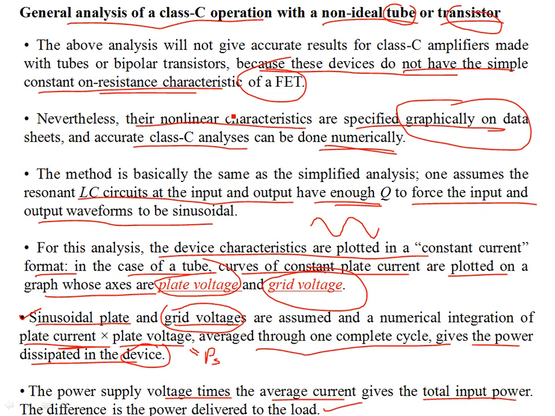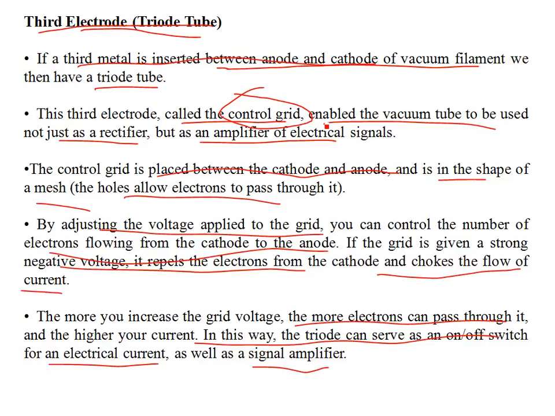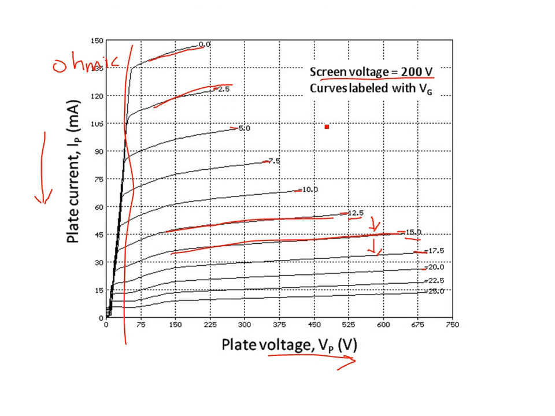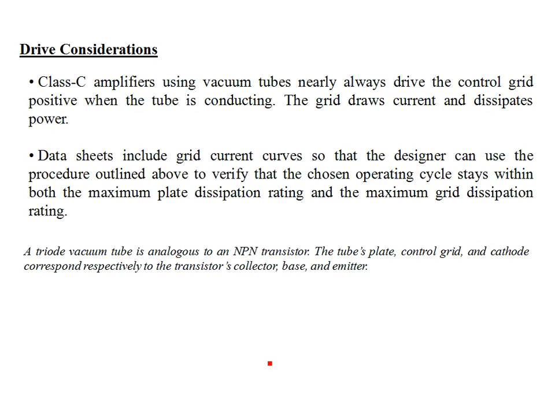You have to consider the nonlinear characteristics and the constant current regions, as we used those regions in JFETs in the class C amplifier. Instead, for vacuum tubes, you will consider those nonlinear characteristics for plate current and plate voltage to derive the efficiency of the class C amplifier.